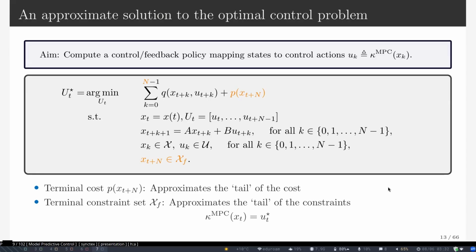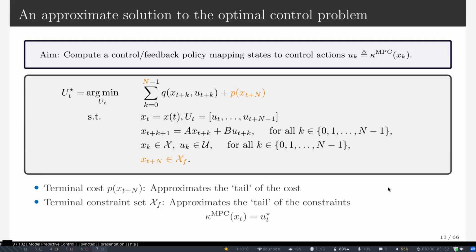So what the terminal cost does is, because we've truncated, we've chopped the tail of the infinite horizon cost, the idea is that we put everything in the terminal cost. Right?